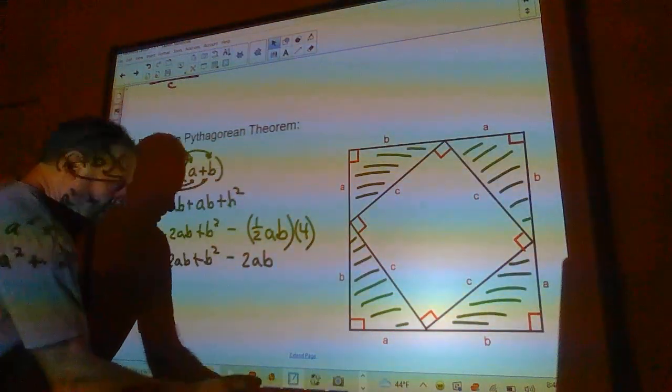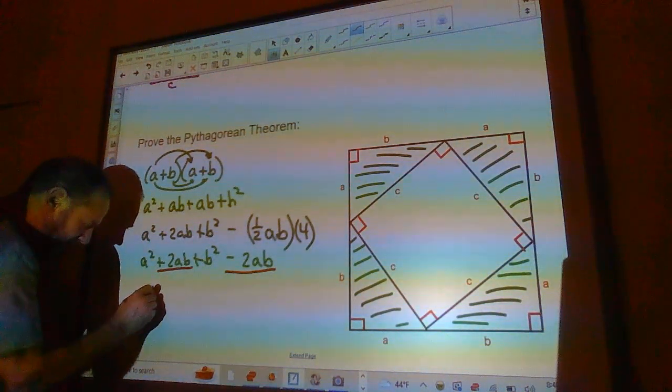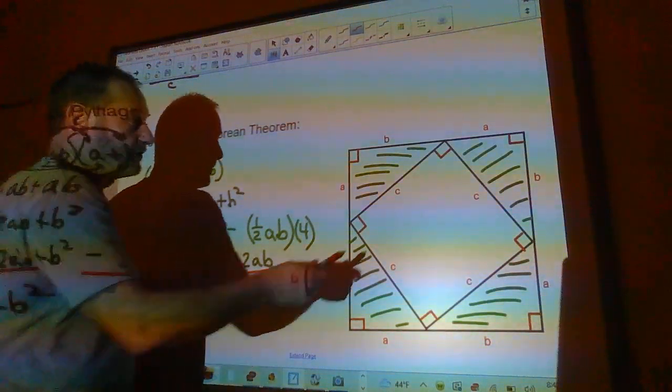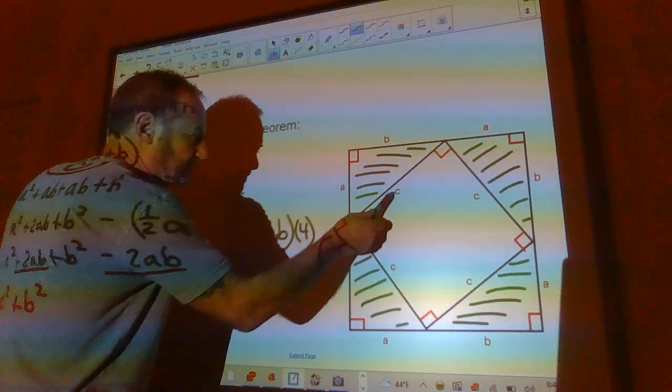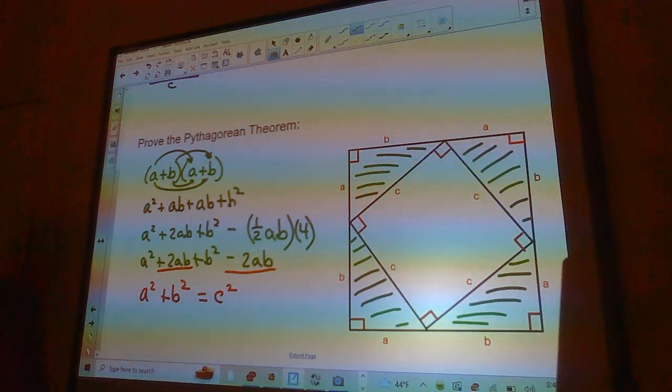And now this and this cancel out, and I'm left with a squared plus b squared. And that is equal to the area of this square right here, which I already know is base times height. That's c times c, which is c squared. And so I've proven that a squared plus b squared equals c squared.